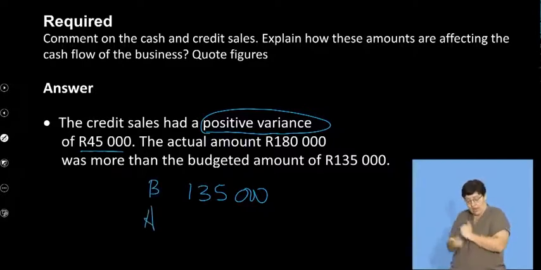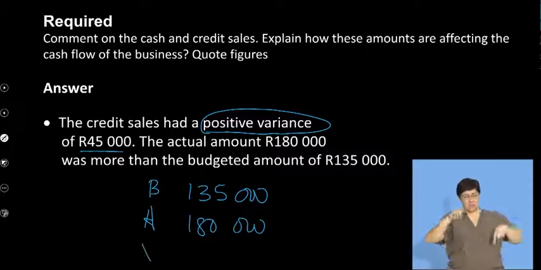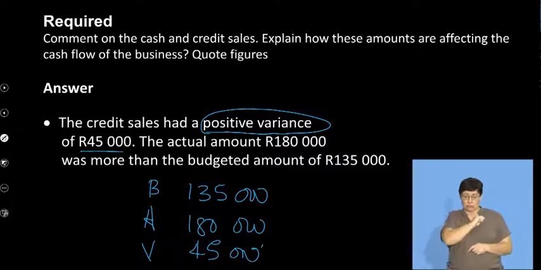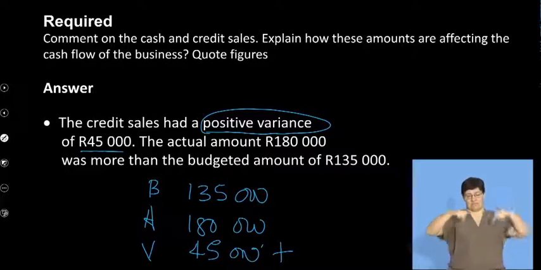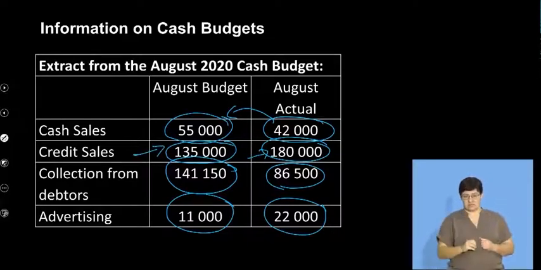Your actual was 180,000, giving you a variance of 45,000, meaning in this case a positive variance, meaning that your actual was more than your budgeted. And you can clearly see it here. Let me show it to you. Here, your actual was 180,000 and your budgeted was only 135,000, indicating that you had a positive variance.